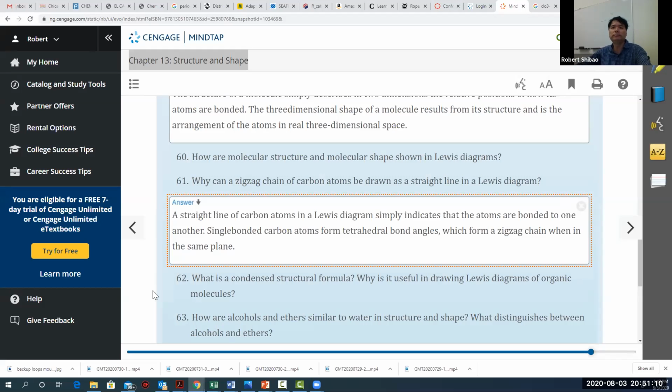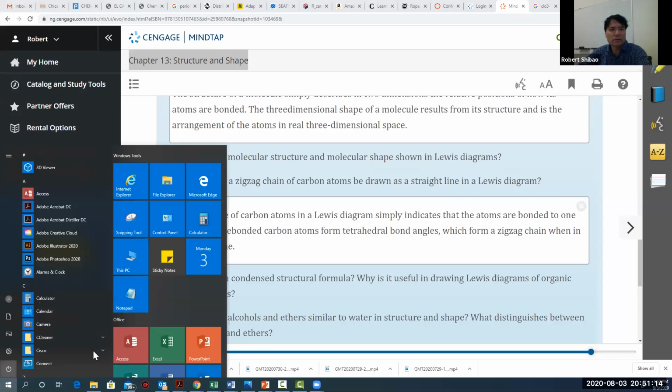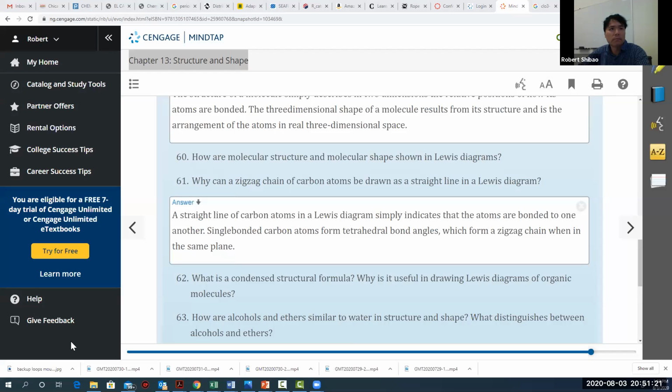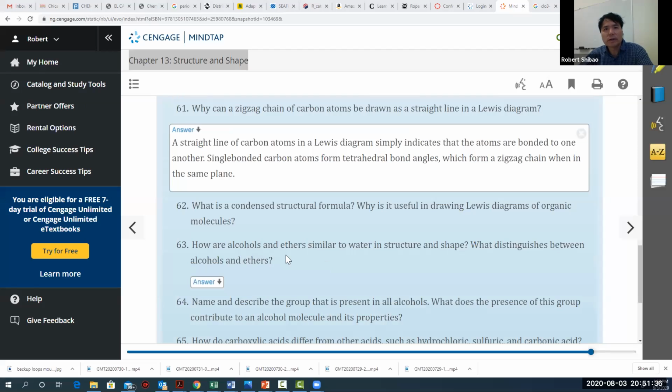Depending on the angle you draw it, it could be zigzag, but depending on the perspective you look at it, it might not look zigzag at all. It might look straight. How are alcohols and ethers similar to water in structure and shape?